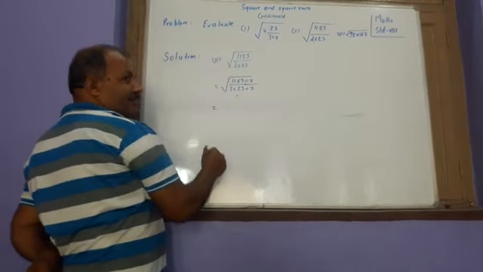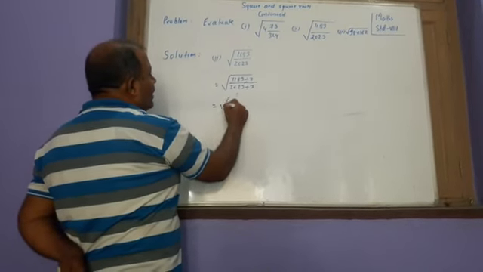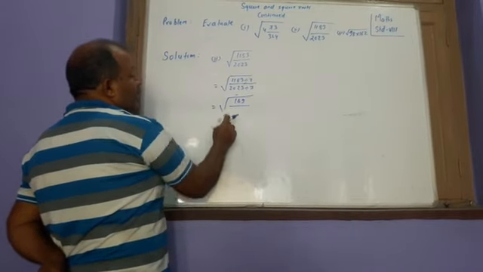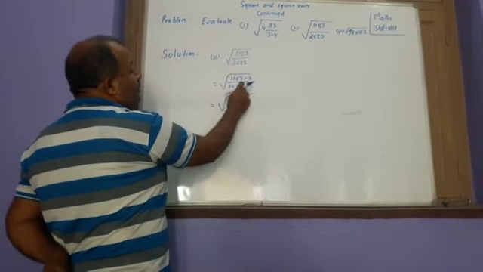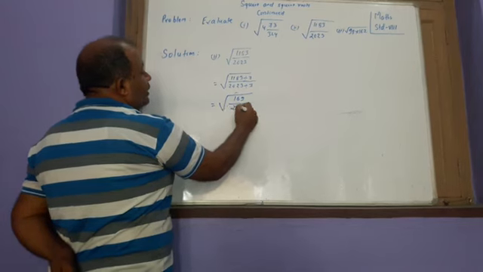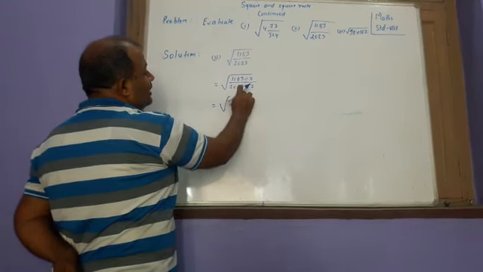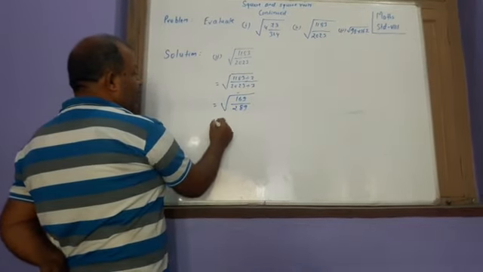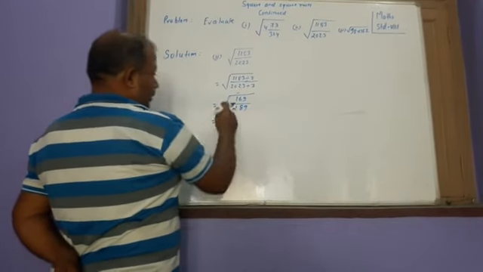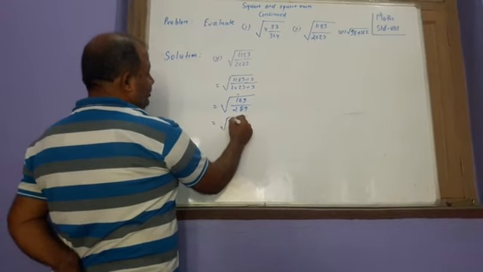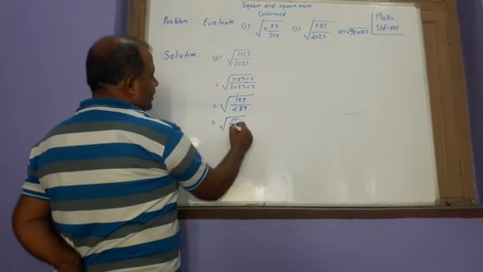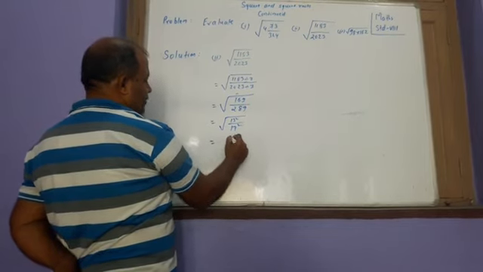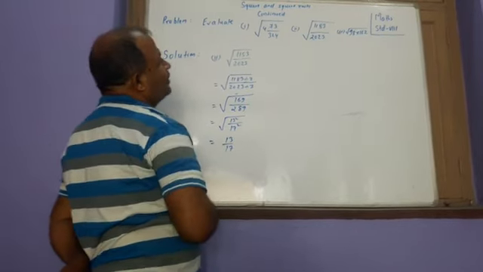On dividing 1183 by 7, we get 169. And on dividing 2023 by 7, we get 289. You already know the square of 13 is 169 and the square of 17 is 289. Therefore, the result will be 13 by 17.